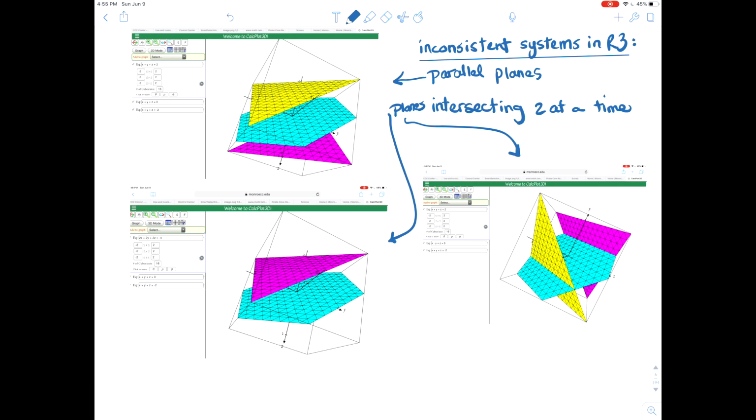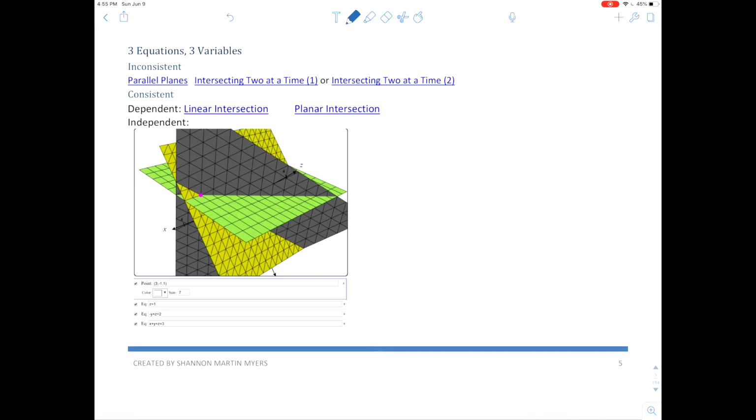Now, let's also take a look at different ways for three planes to be dependent.